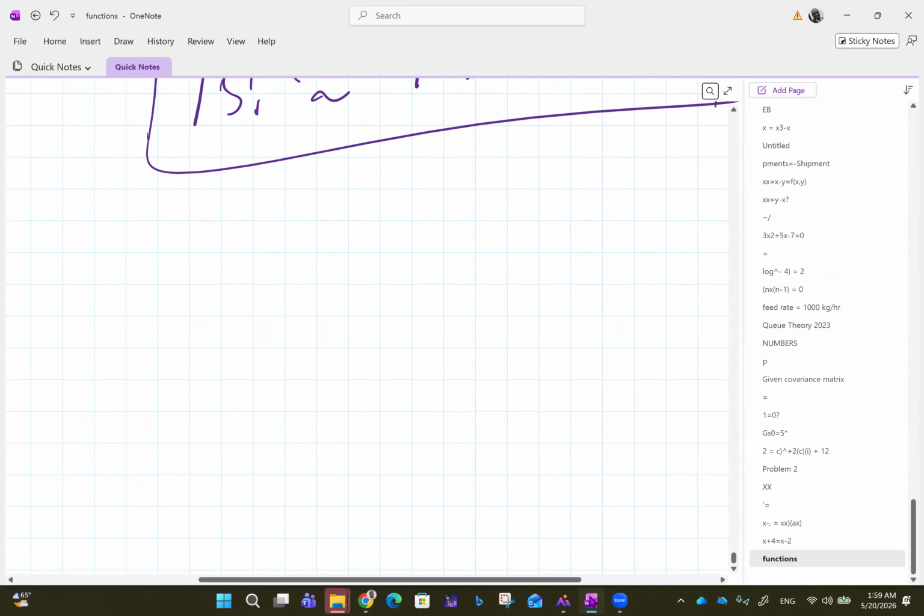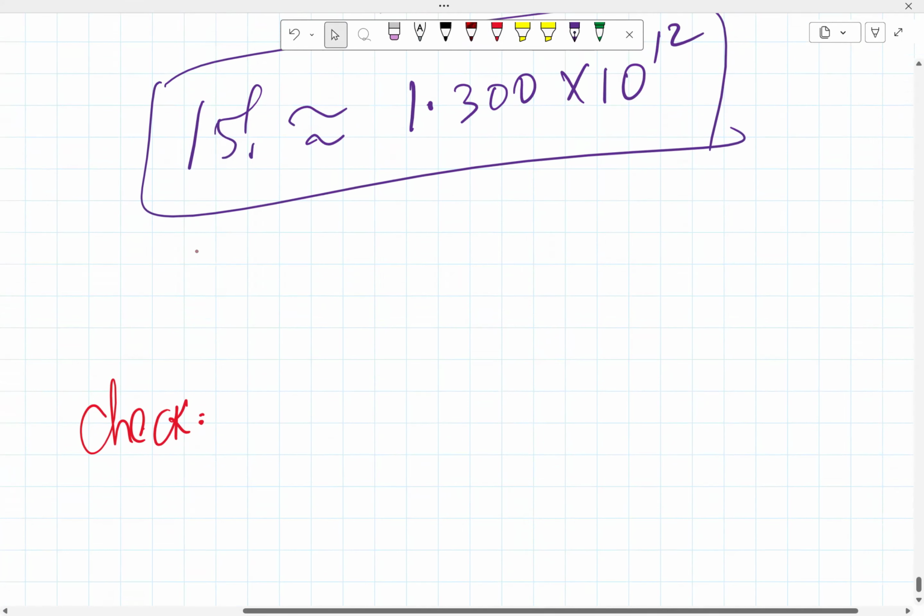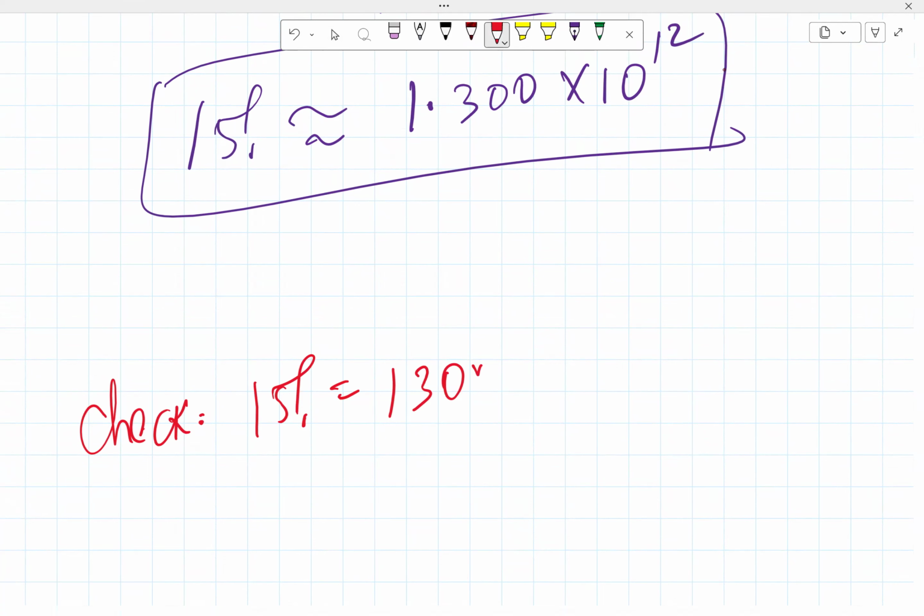So the real thing is the real 15 factorial. To check how close we are, close enough, I believe. 15 factorial is 1,307,674,368,000.